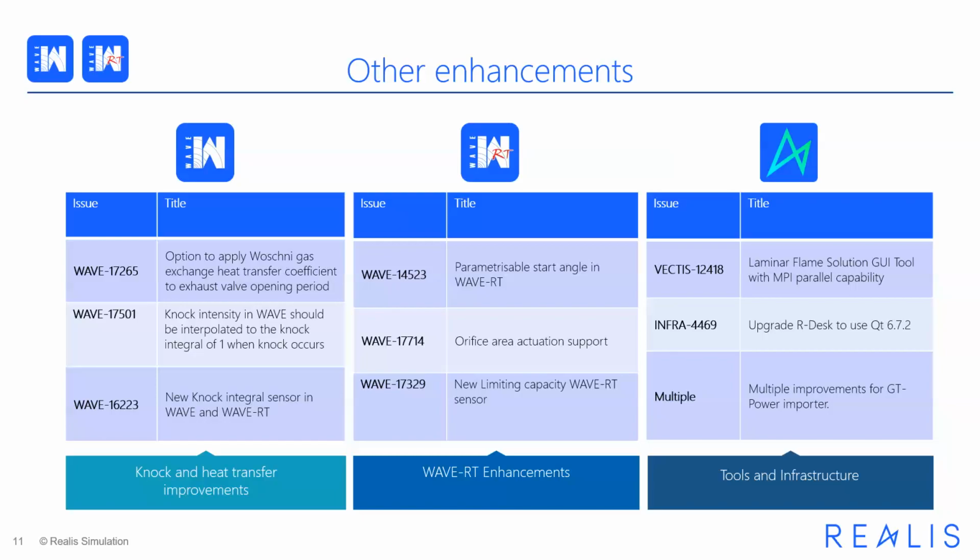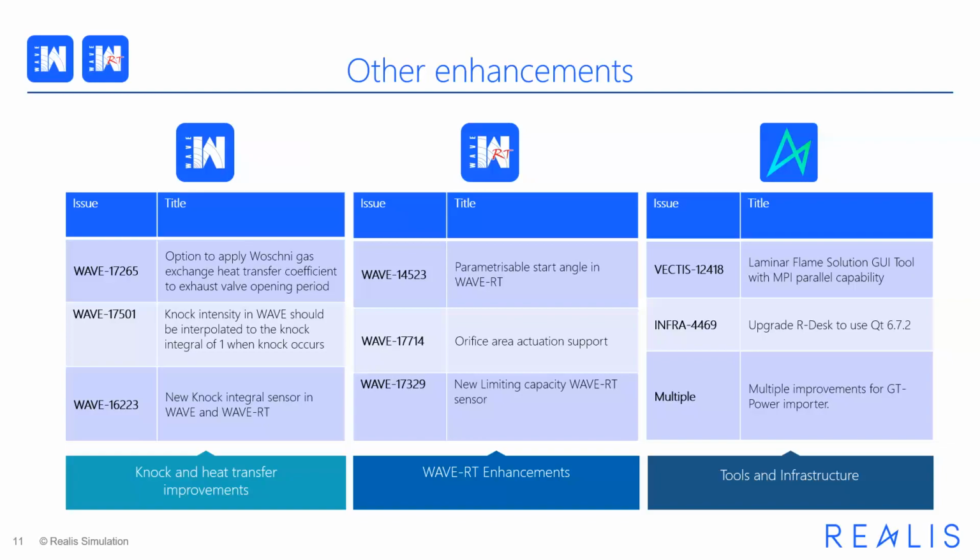There are a number of changes in WAVE tools and infrastructure. There's a new flame speed generation GUI tool with parallel capability, which makes it possible to generate flame speeds for user-defined fuels through a user-friendly GUI, and also run flame speed generation in parallel on HPC architectures, which can substantially accelerate the table generation process for complex fuels.